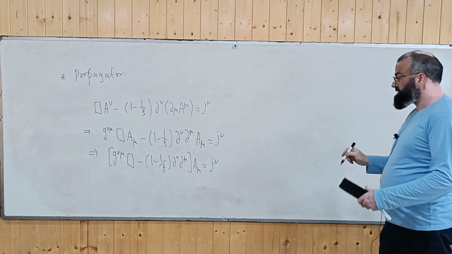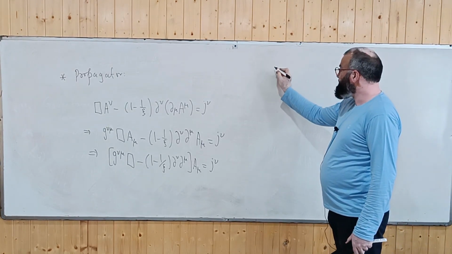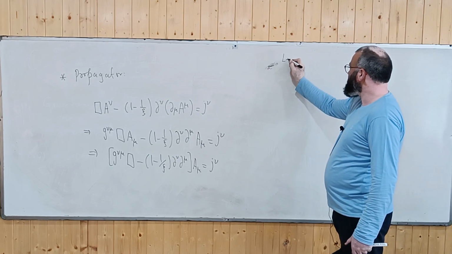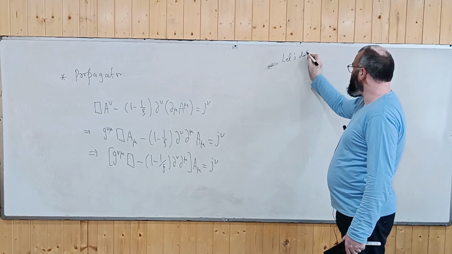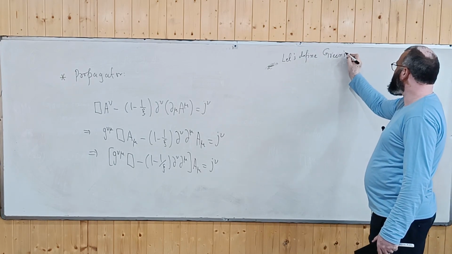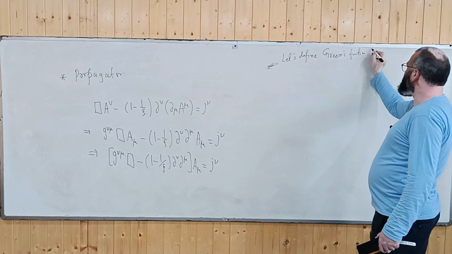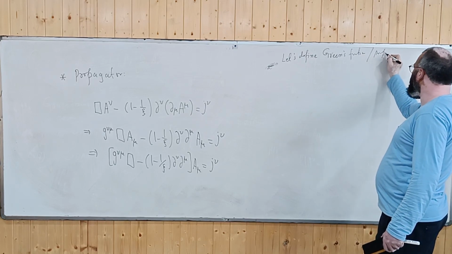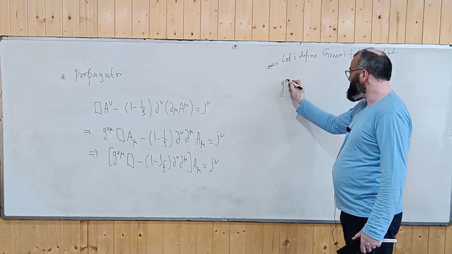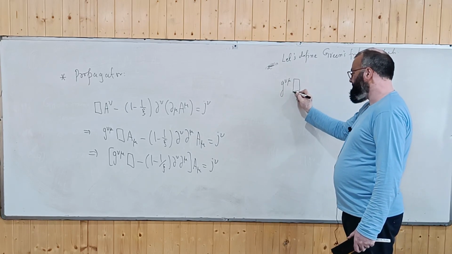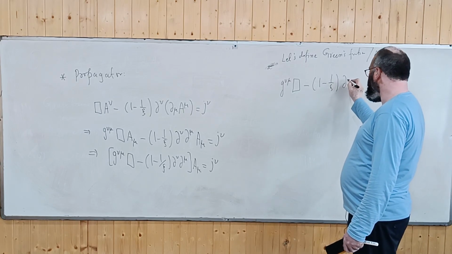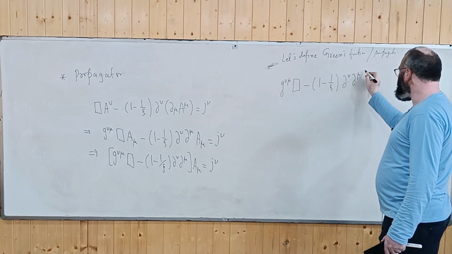Okay, so let's define therefore the Green's function, that is the propagator. How do we define G nu mu? This box operator minus 1 by zeta, then you are having partial mu.